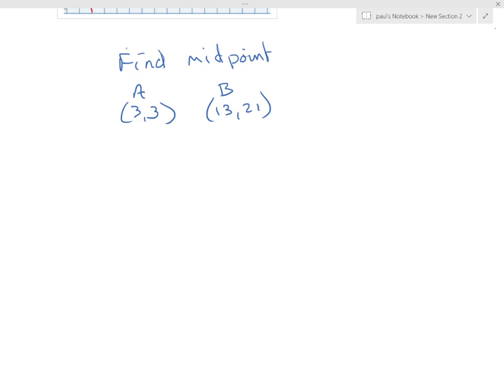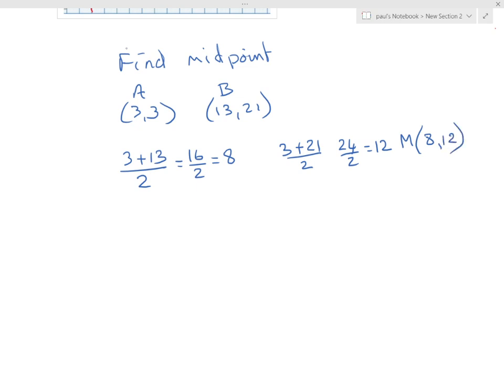So add the x's together. 3 plus 13 divided by 2, 16 divided by 2, which equals 8. And the y's are 3 plus 21 divided by 2, 24 divided by 2 is equal to 12. So therefore the midpoint is going to be 8 and 12.